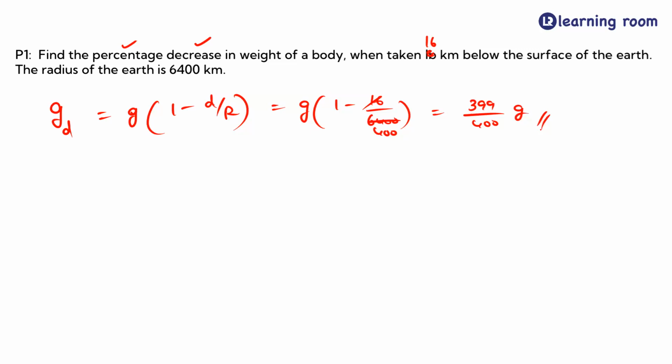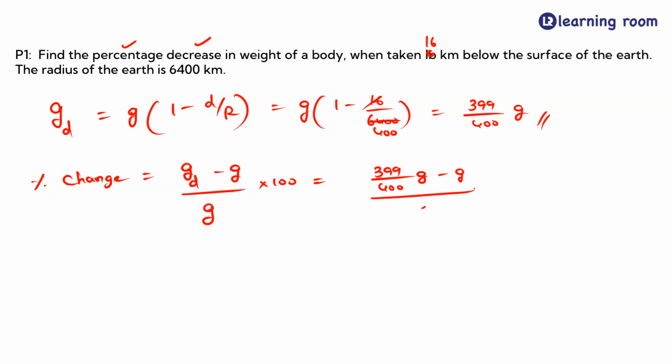So we need to find the percentage decrease. So for percentage decrease, or for percentage change, what should I write? Final minus initial divided by initial into 100. So 399 by 400 g minus g, the whole divided by g into 100.